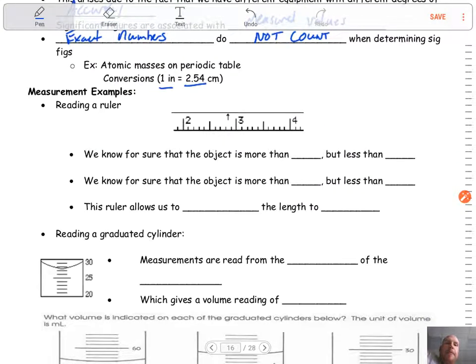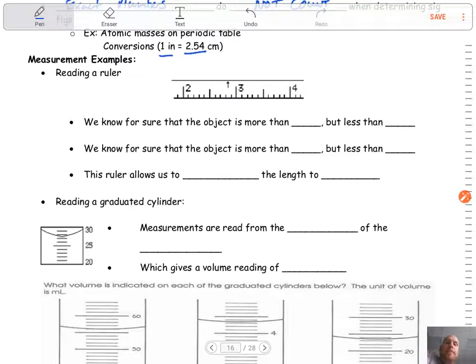So for example, we're going to do a lab on this if you haven't done it already. Reading a ruler. When we take a look at where this arrow is, we have to figure out what it measures. We know that the object is more than 2, but it's definitely less than 3, so it's somewhere in between 2 and 3.